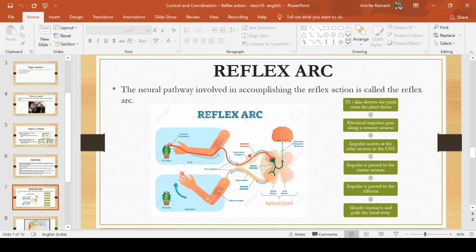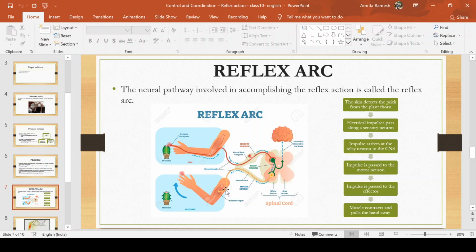So the first step is the skin detects the prick from the plant thorn. Electrical impulses then pass along a sensory neuron. The impulse arrives at the relay neuron in the central nervous system, the brain and the spinal cord. In this case, first it goes to the spinal cord. Later it will go to the brain. The impulse is passed to the motor neuron. From there, it is passed to the effector.